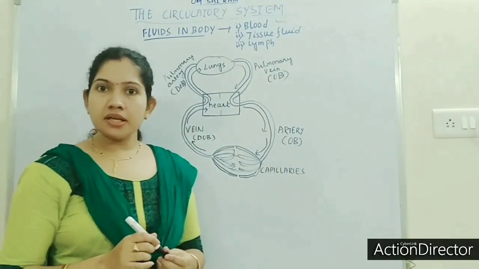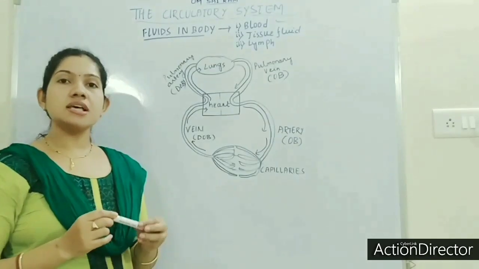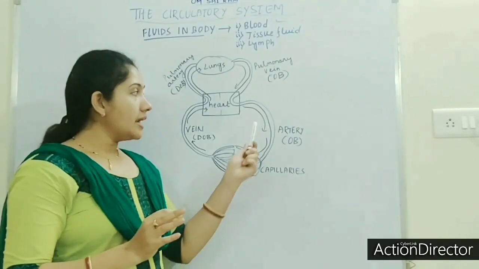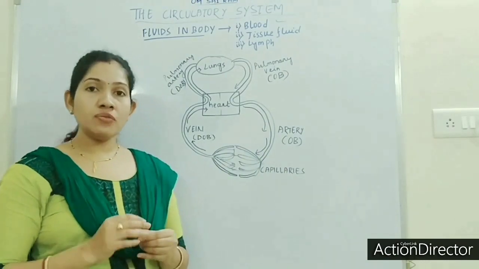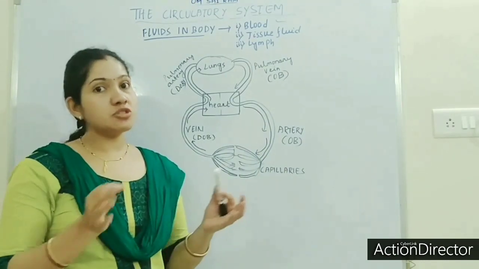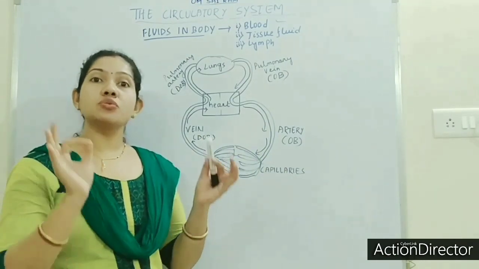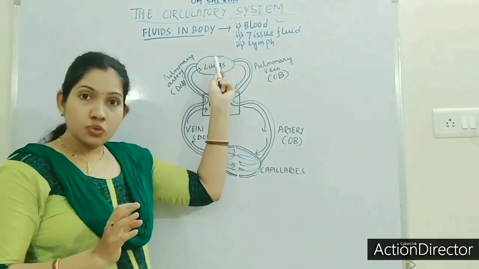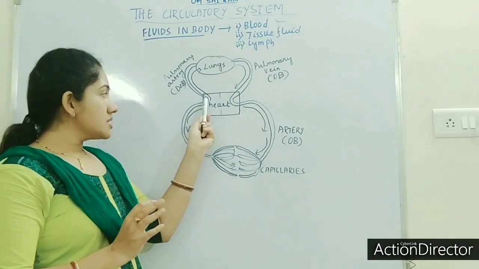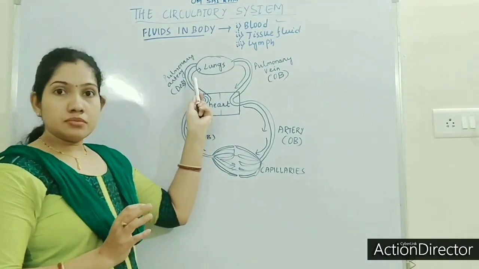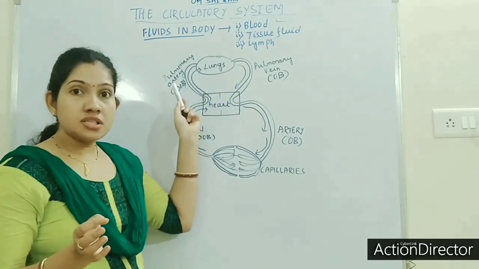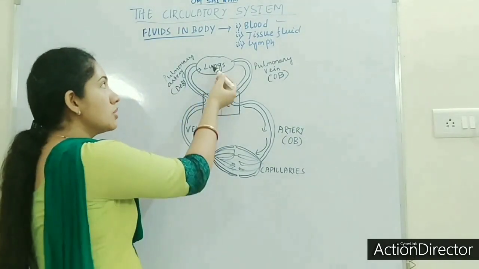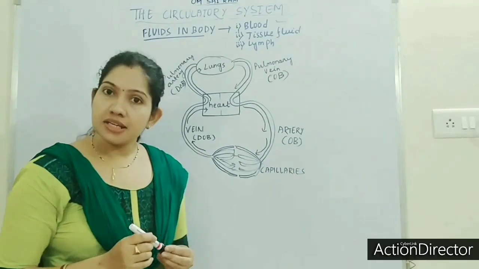Okay, again I am repeating, in our body veins are the carriers of deoxygenated blood, means waste blood, and arteries are the carriers of oxygenated blood, means purified blood. But there is one exception: the blood vessel linked between heart and lungs which carries deoxygenated blood is known as the pulmonary artery.